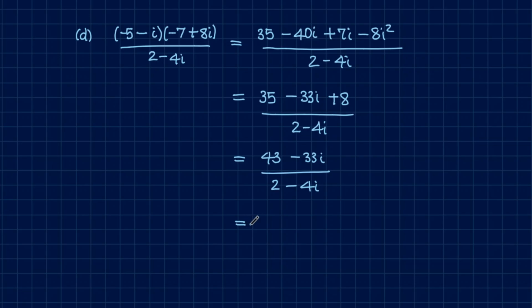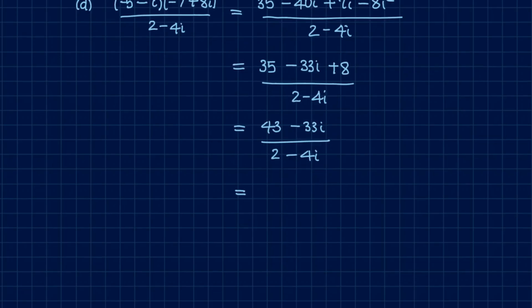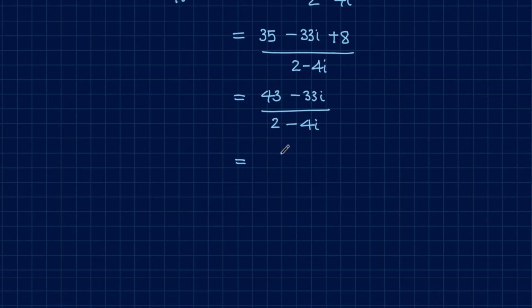So the next thing we have to do is to start doing our rationalization by multiplying by the conjugate of the denominator. So the numerator is 43 minus 33i, and we multiply this by the conjugate of the denominator, 2 plus 4i. So we do the same to the denominator here, where we have 2 minus 4i multiplied by 2 plus 4i.